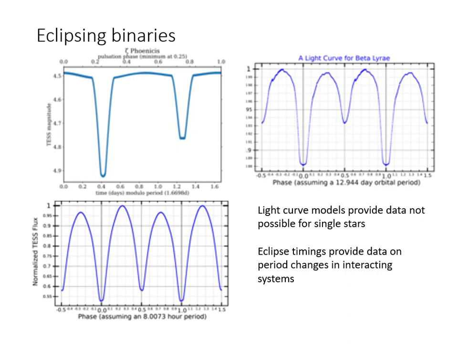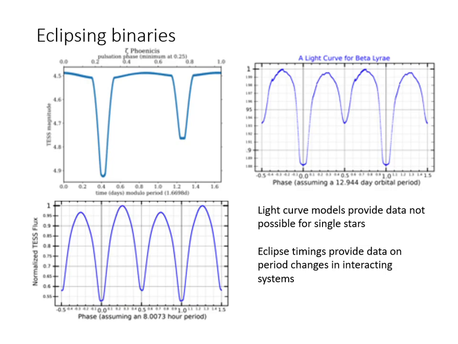Photometric distances are now becoming very accurate, and one of the main benefits results from these eclipsing binaries.